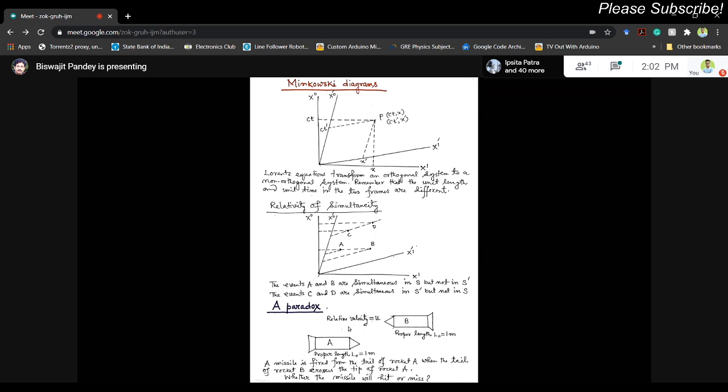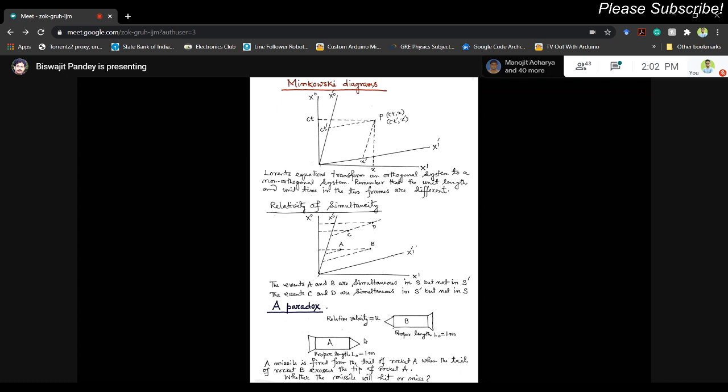But from this frame, since this rocket is moving, there will be length contraction. So this rocket will appear to be shorter from this frame. So if it fires a missile from the end of the rocket, it should miss it, right? Because the length of B has contracted. So the tip is reaching maybe somewhere here. So it will miss the rocket B.